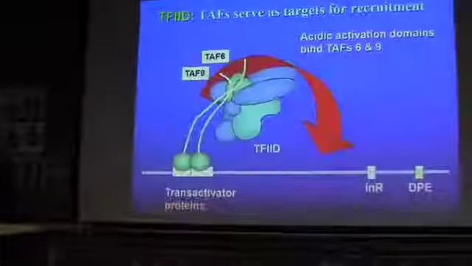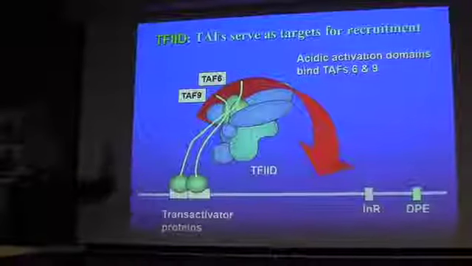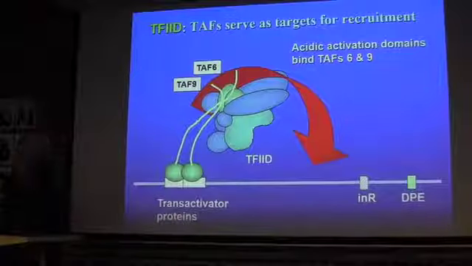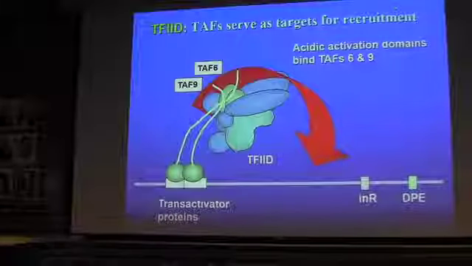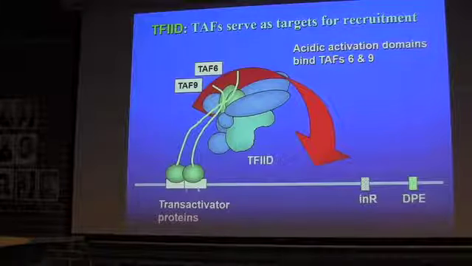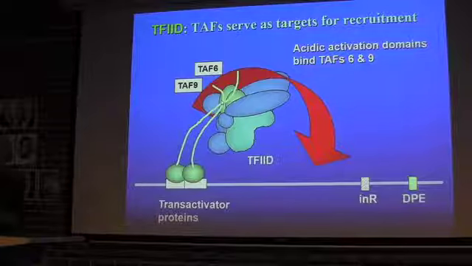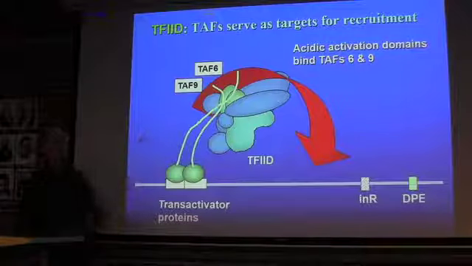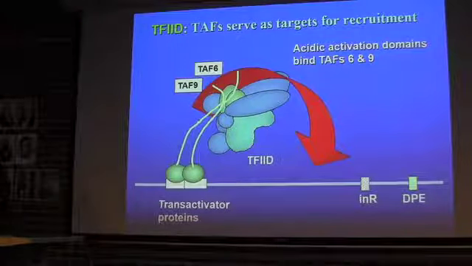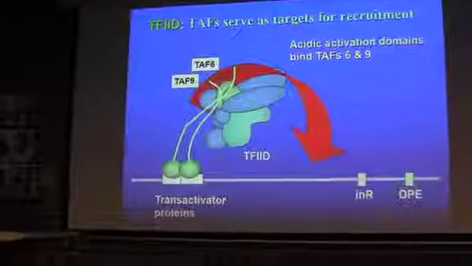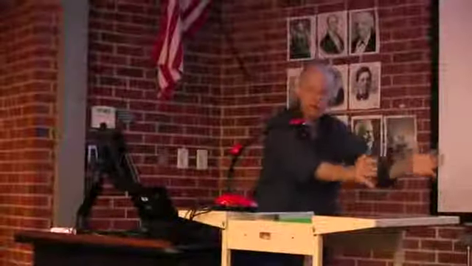How about 6 and 9? 6 and 9 also are targets of transactivators. These transactivator proteins are bound to cis elements outside of the core promoter. They have a DNA binding domain, and they have regions that are called activation domains, which are really regions of affinity for targets. Some of the targets would be the TAFs, as they try to recruit TFIID to the core promoter.